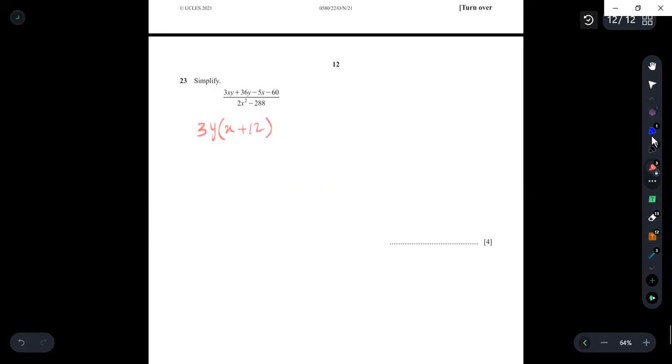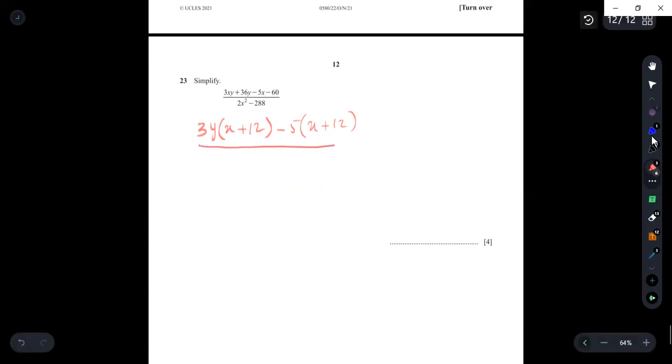So 3y times x is 3xy, and 3y times 12 is 36y. And from these two, negative 5 is common. So x plus 12. So negative 5 times x is negative 5x, and negative 5 times positive 12 is negative 60.